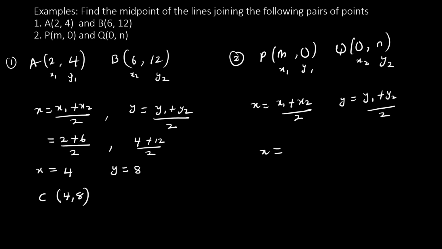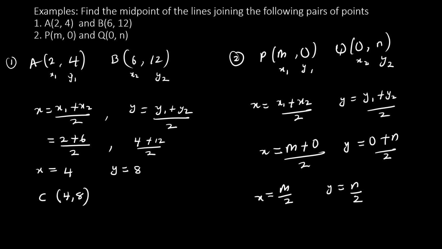So we have x1 to be m, and x2 to be 0, over 2, and y1 to be 0 plus y2 to be n, over 2. And this equals m over 2, which is x, and y equals n over 2. So we can say the coordinates of the midpoint of the 2 points P and Q, let's make it a point R, are m over 2 for x and n over 2 for our y-axis. And this is how we can find the midpoint of the line joining a pair of points.